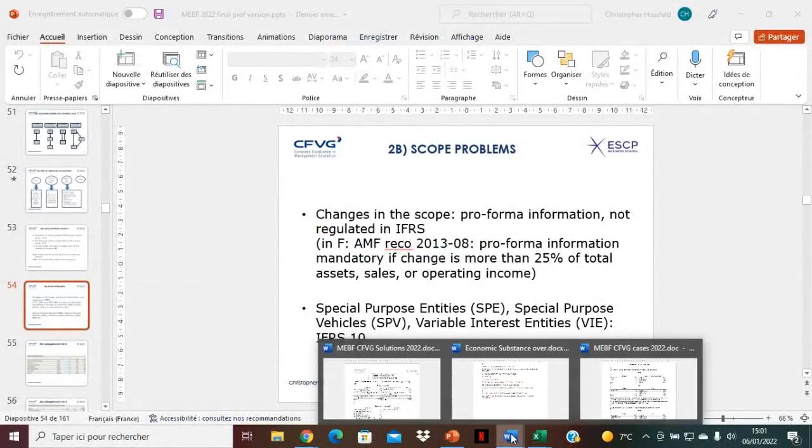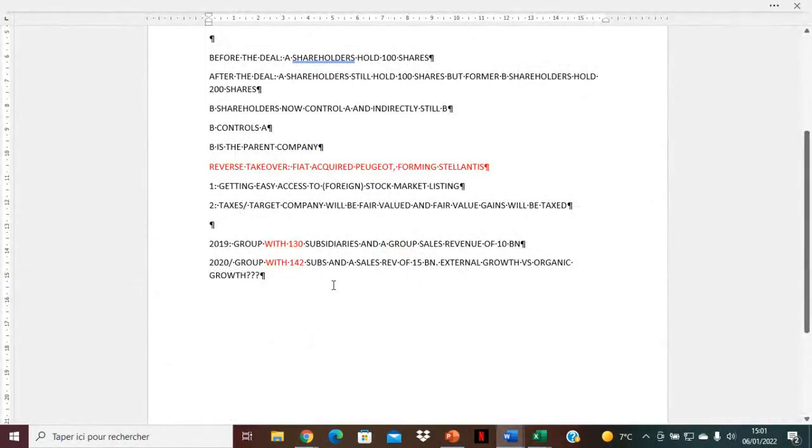Okay, so what is this pro forma information? If I go back to our example, that means the pro forma is information as if. I will prepare or present the situation as if.